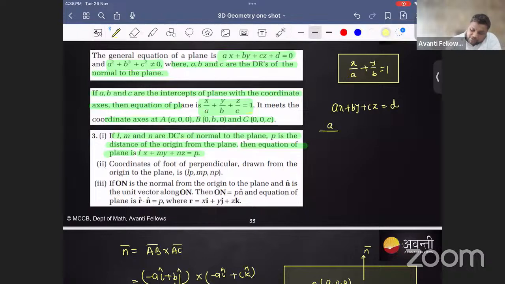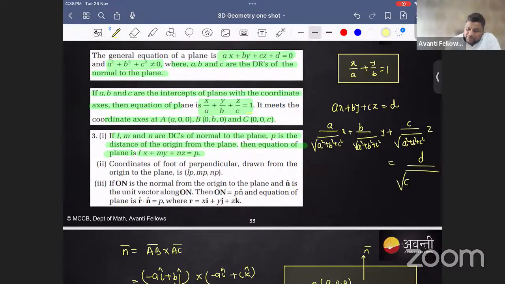So A upon under root of A square plus B square plus C square into x, B upon under root of A square plus B square plus C square into y, C upon under root of A square plus B square plus C square into z will be D upon under root of A square plus B square plus C square. Now this A upon under root of A square plus B square plus C square and so on, these became direction cosines.